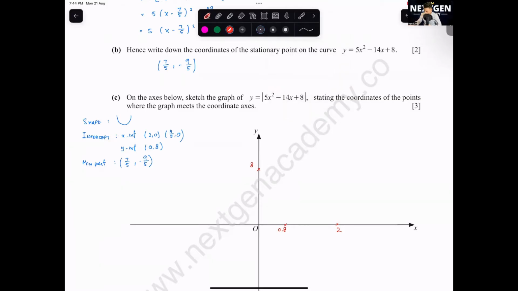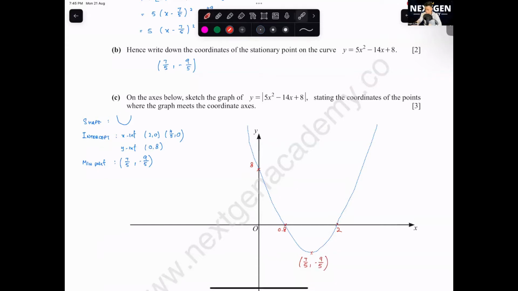The original graph will give you a happy face graph, and it passes through like this, then like this. There is one more point which they never asked us to plot, but we write it down so that we can solve the next question. This one will be 7/5, negative 9/5.